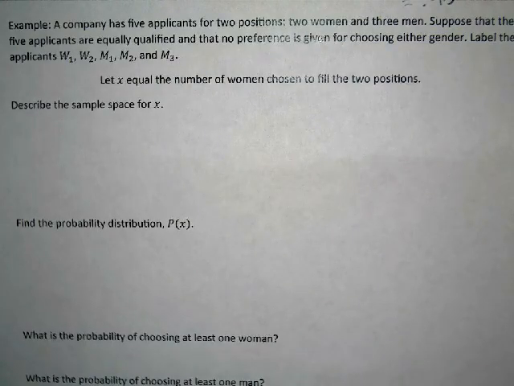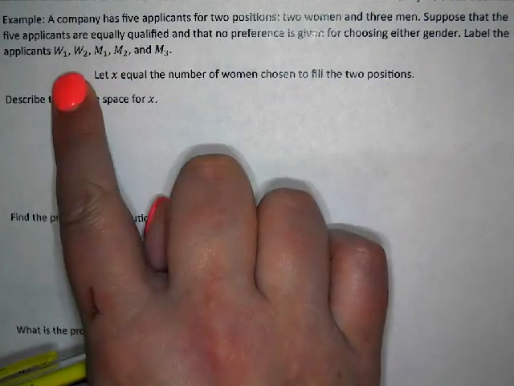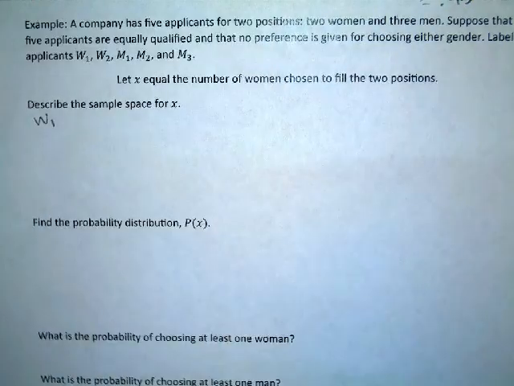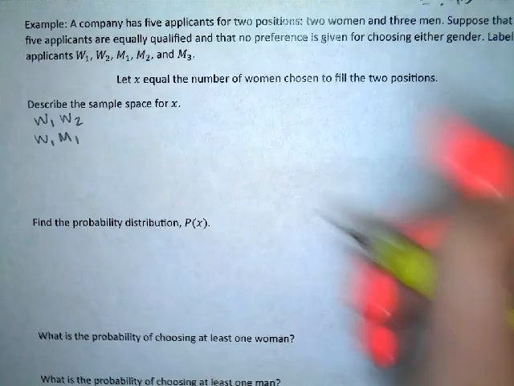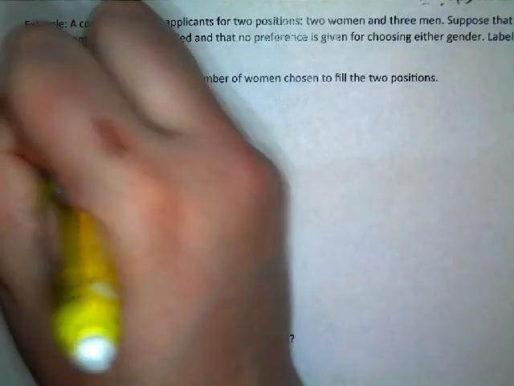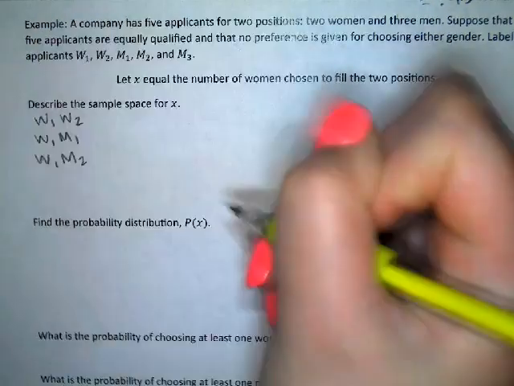So woman 1 could be hired with woman 2. Woman 1 could be hired with man 1. Woman 1 could be hired with man 2. Or woman 1 could be hired with man 3. Okay, so that's everybody with woman 1.